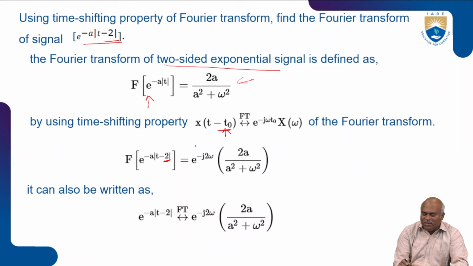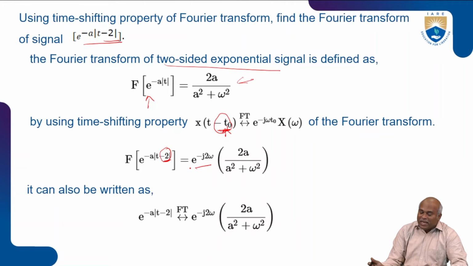Instead of t0, we represent it by 2. That much duration is shifted, so it is multiplied in the Fourier transform spectrum domain.